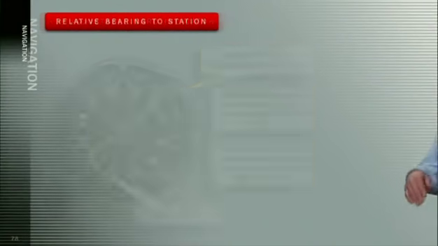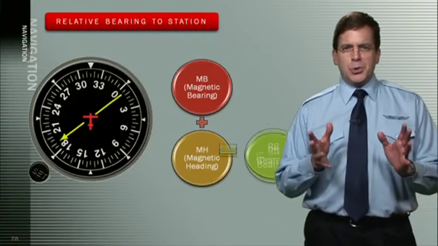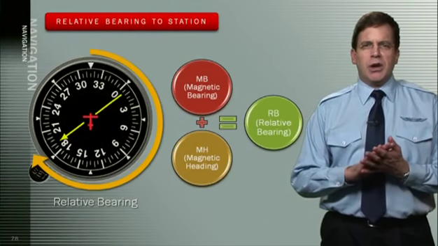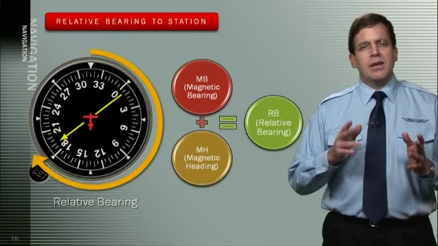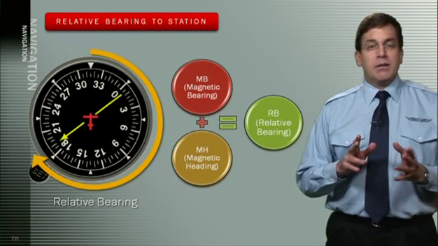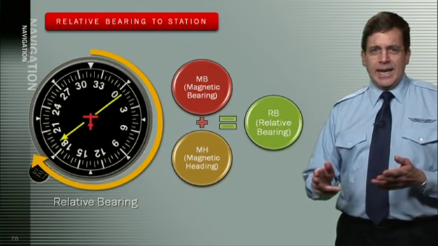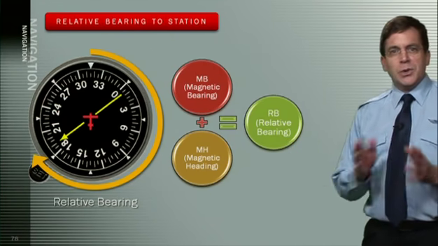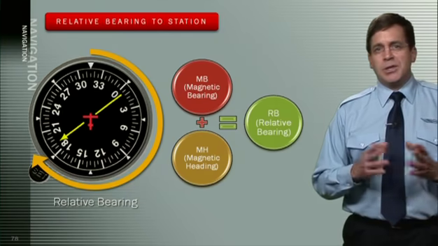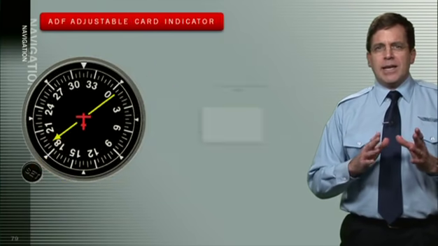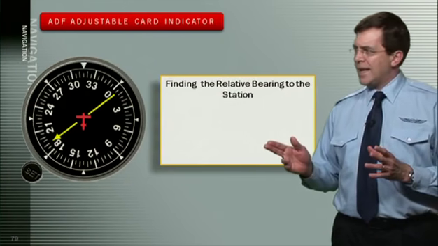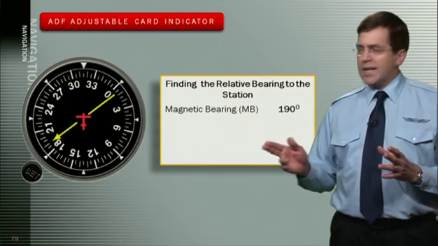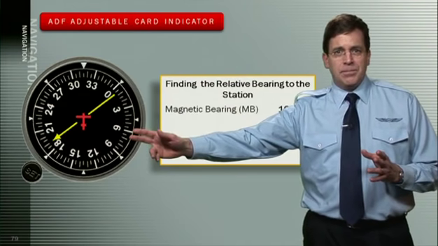Here is the formula for computing the relative bearing to the station using an adjustable card ADF indicator. The magnetic bearing minus the magnetic heading equals the relative bearing. So here's an example to find the relative bearing to the station. The magnetic bearing is 190 degrees, and it's shown on the head of the needle.